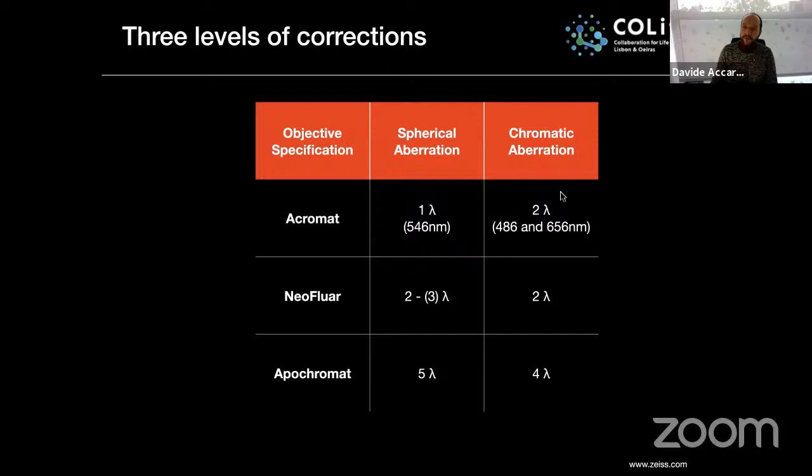And the chromatic aberration is compensated for 2 different wavelengths, specifically 486 and 656 nanometers, okay? So there is not even overlap between the compensation of the wavelengths done for spherical aberration and chromatic aberration.